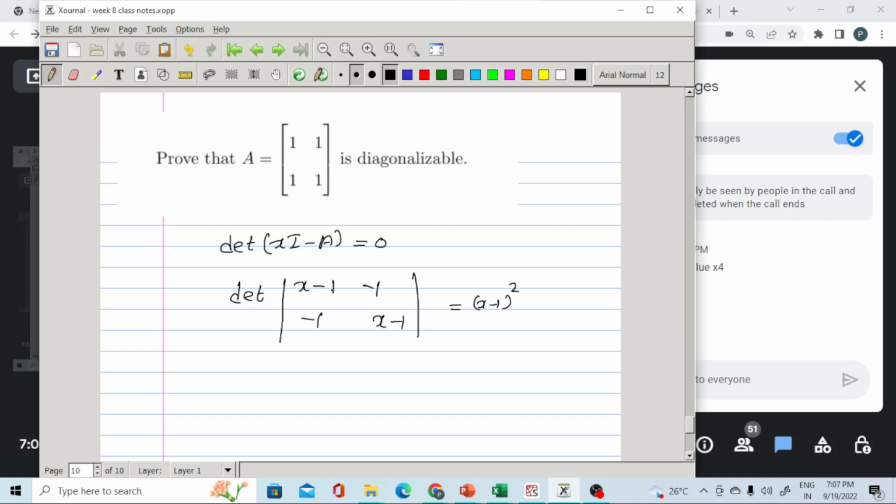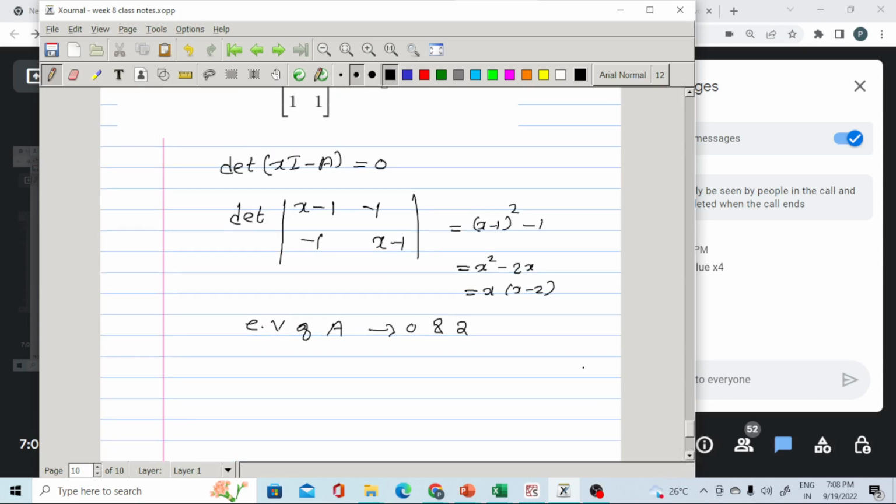Writing the characteristic equation, this is (x minus 1) square minus 1. Okay, what are all the eigenvalues of A? 0 and 2, right? The eigenvalues are 0 and 2.